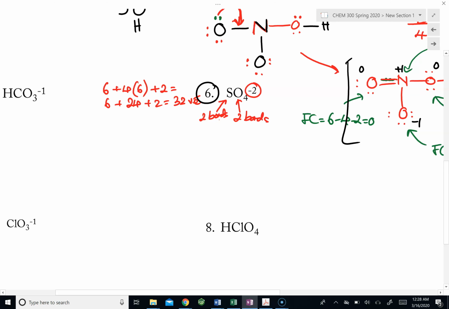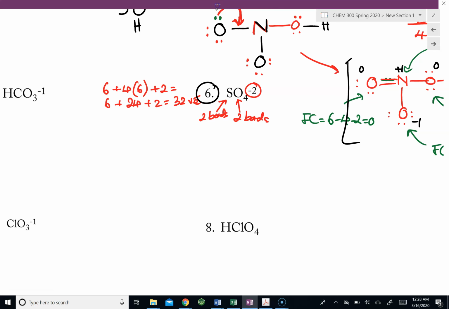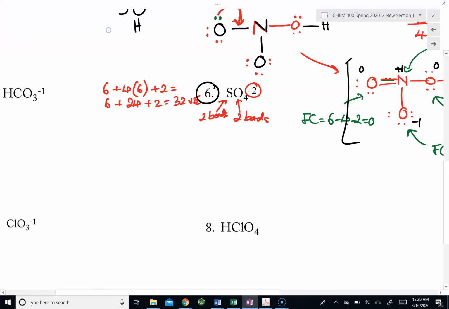So how do we know which one is the central atom? If you still remember, our other guideline states that the atom that is present in the least amount tends to be the central atom. So in this case, we have only 1 sulfur and 4 oxygen. So that pretty much makes the sulfur our central atom.